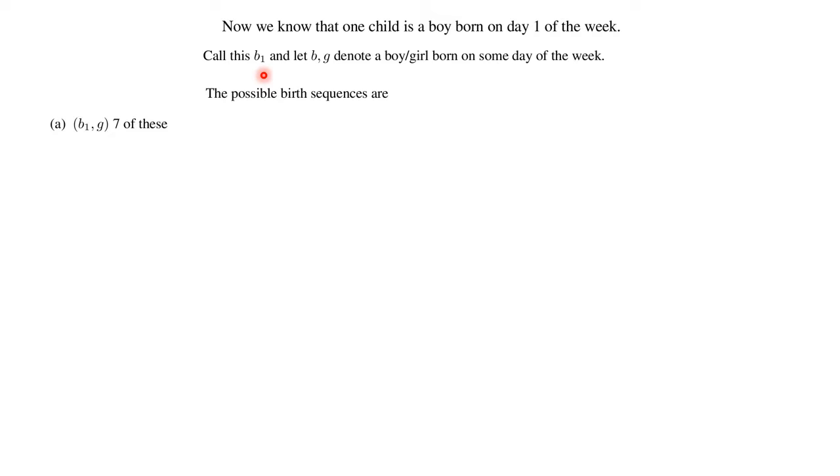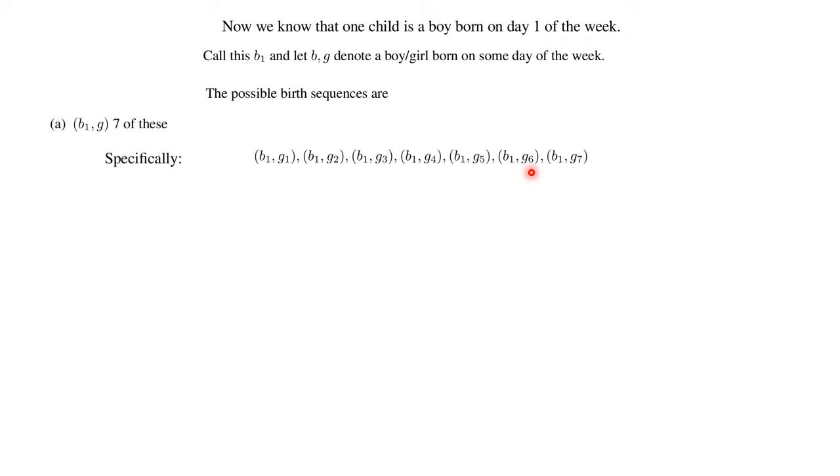And specifically, say the boy born on a Sunday, boy born on day 1, is the firstborn, and the second-born is a girl. Then there are 7 possibilities for the girl, specifically G1 to G7. So this is here, the firstborn is the boy born on a Sunday, and the second-born is a girl born on day 6, Friday.